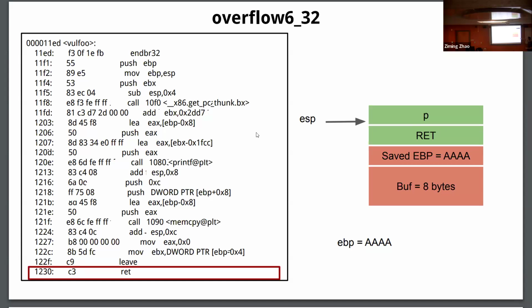So by changing this value, it means when Overflow returns, this value will be popped back to the EBP register, and the main function will use this value as the base address of its stack frame, right?